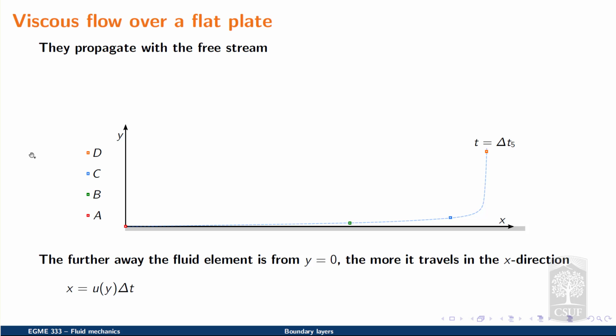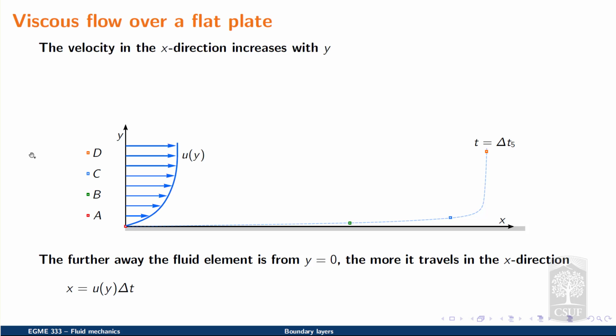Consequently, the distance that each fluid element travels is given to us by its local velocity in the x direction, little u, times delta t, the time that has elapsed. Given that the position in y affected the local velocity, we can argue that the velocity in the x direction, little u, is also a function of y, where the velocity in the x direction increases with y.